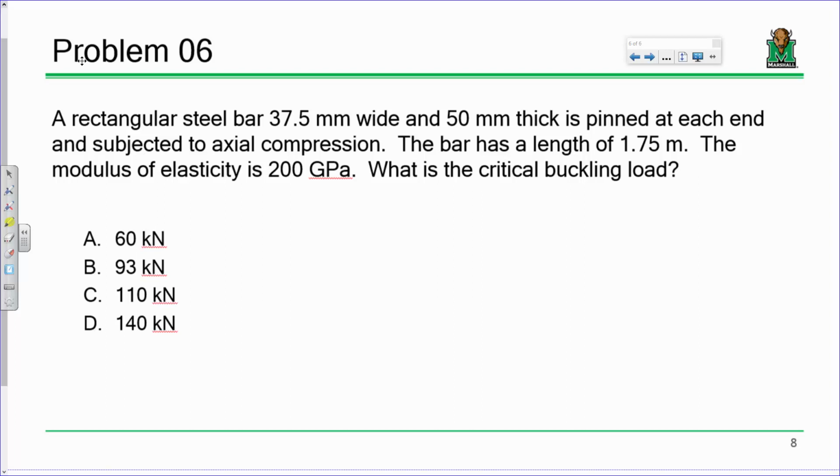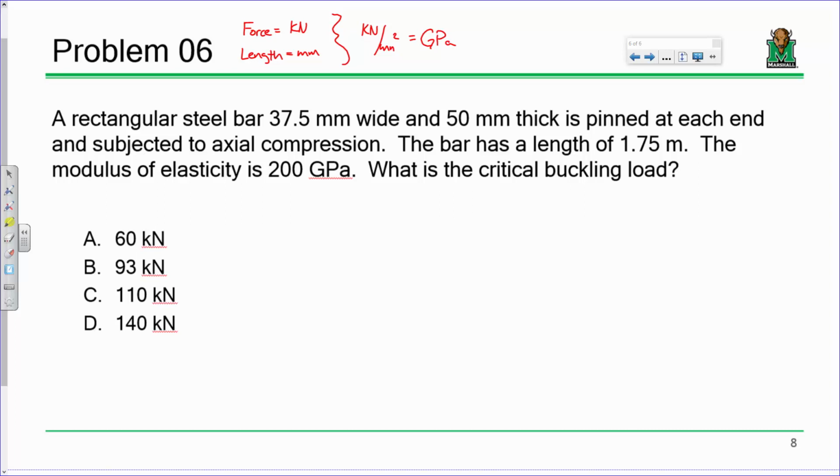Now I'm going to do a couple things a little differently with this problem. The first thing, just to change it up a bit, is I'm going to let my force be kilonewtons and my length be millimeters, because kilonewtons over millimeters squared is a gigapascal.